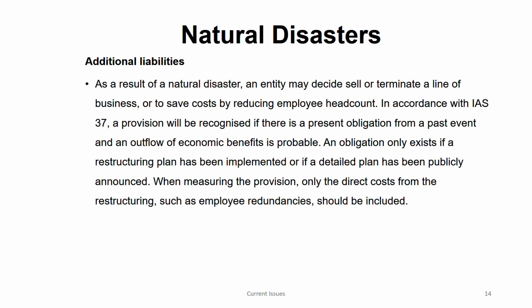To save costs, they are reducing their employees. So according to IAS 37, a provision has to be recognized for this. Why? Because now there's a present obligation from a past event. What was the past event? You were having a business. Now you have a present obligation that you have to give redundancy costs to your employees. It's an obligation, so you have to recognize a provision according to IAS 37.